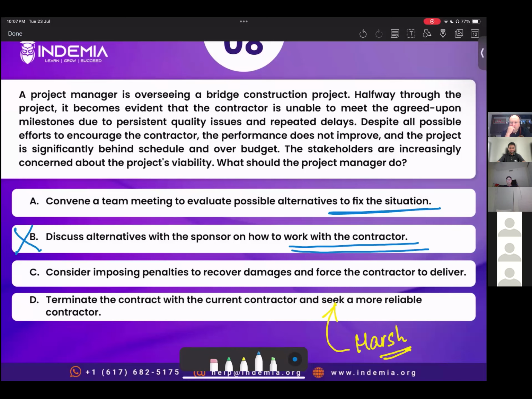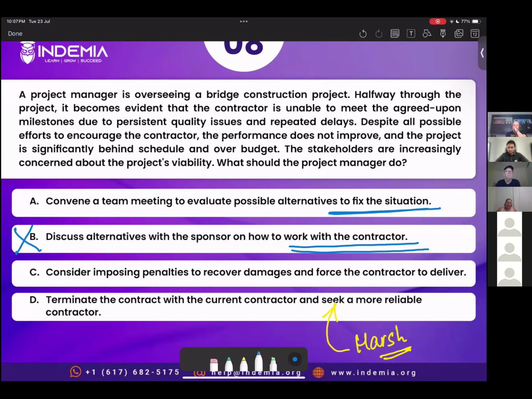And given that the project is significantly behind schedule and over budget, A, B, and C really don't solve the problem because it's an issue that has already been tried and not fixed. So I guess even B, discuss alternatives with the sponsor. I mean, really, the sponsor, what is he going to do? There are no alternatives, I would assume, to work with the contractor. So really, I thought D was the best option.